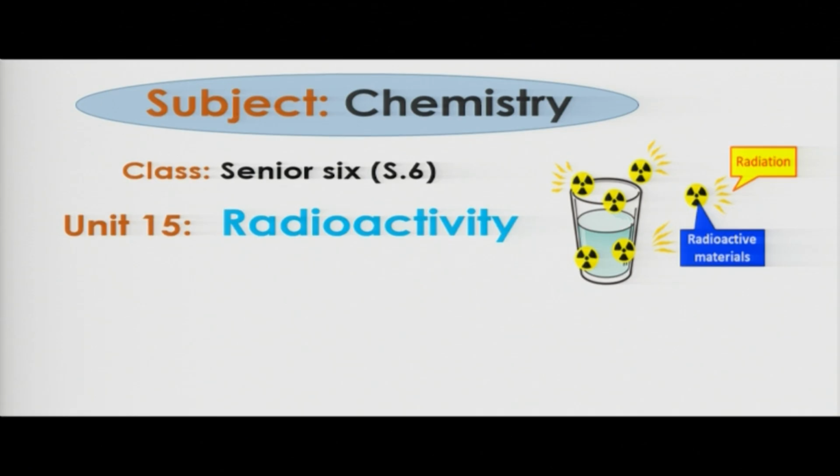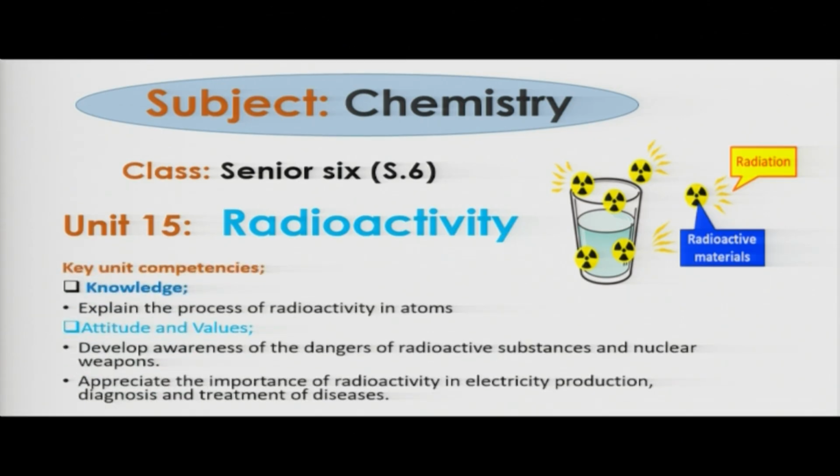You see a quick illustration on the slide. As we normally do, we need to have a quick unit competence roundup. At the end of this unit, these are the competences you should have attained.